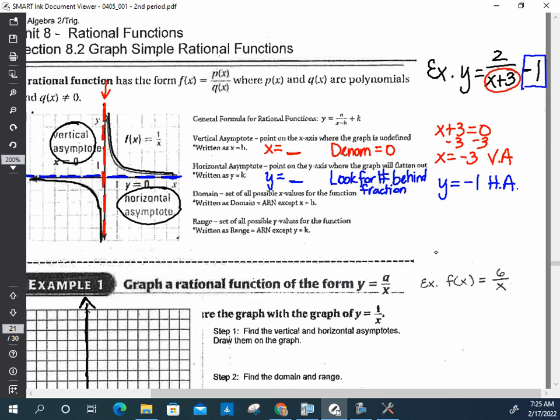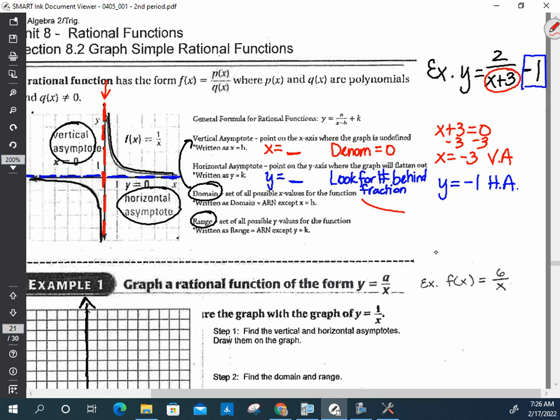So we have vertical asymptote, horizontal asymptote. The domain and the range are based off of the vertical and the horizontal asymptote. The domain is based off of the vertical asymptote. It's a very easy way of representing what you can plug into the problem.